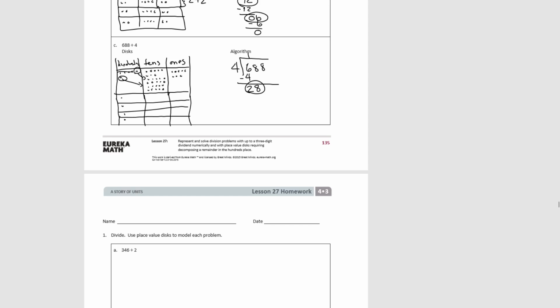So now we have 28 tens as we do on our place value chart. 4 times 7 is 28, so we can put 7 tens in each group.